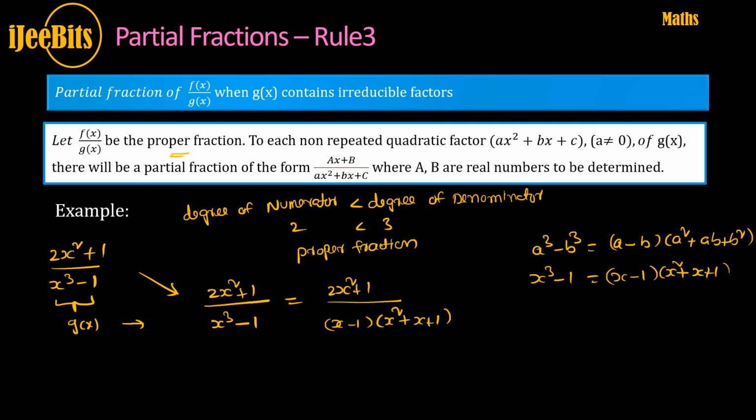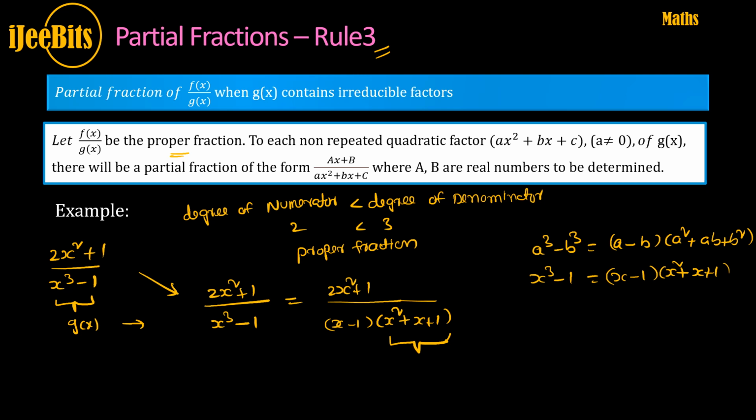See this, when you have x cube, the degree is 3, so you should find 3 roots, 3 terms. In the expansion, x minus 1 is one factor and x square plus x plus 1 is the second factor. But this itself has 2 values inside, isn't it? So you still need to find factors for this. But will that be easy to do? That is where the rule number 3 concept comes into place.